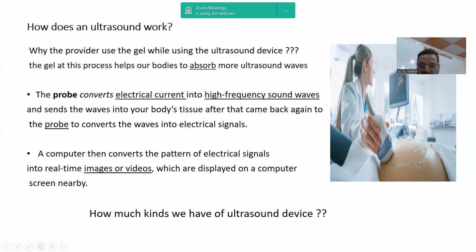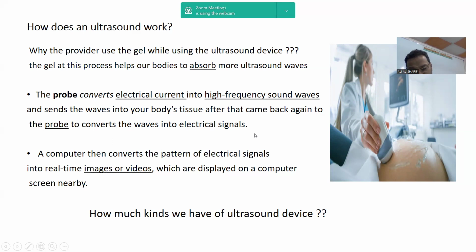By turning on the current, the PZT starts to generate and transmit high frequency ultrasound waves and sends them into your body's tissue. After that, the waves come back to the probe to be converted into electrical signals.